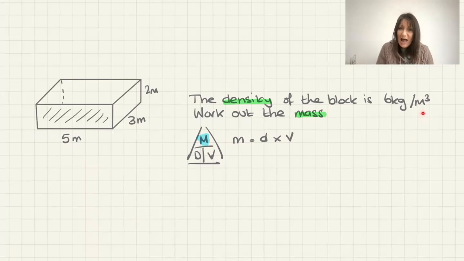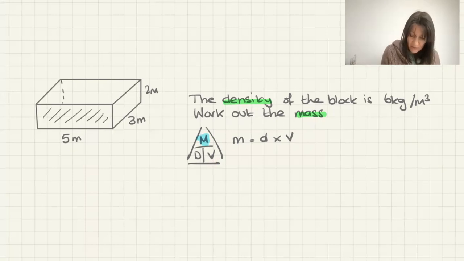So this is, again, how volume can be brought in without any mention of it whatsoever. And if you don't trigger that triangle, which then triggers the V and the volume, you're kind of stuck before you get started. So really, really important. We learn these words and we make them trigger that crucial detail, which will take us on to solve the question.